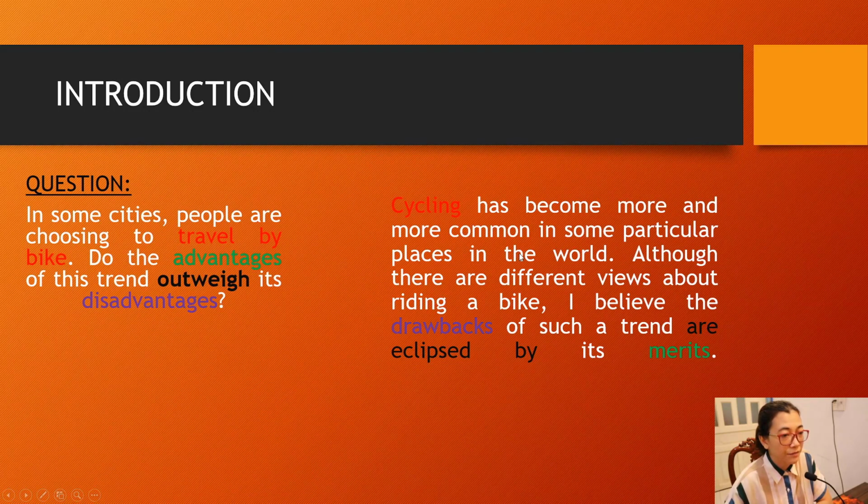Now first, I have used synonyms, and then I change the structure of a sentence. For example, I put travel by bike in the position of the subject, and I use another phrase. Instead of saying traveling by bike, I say cycling. People are choosing now has become more and more common.